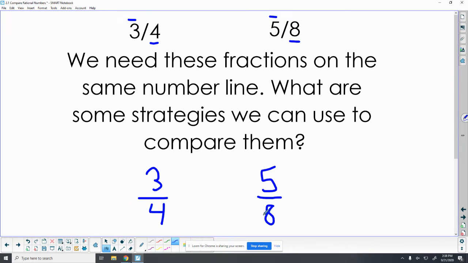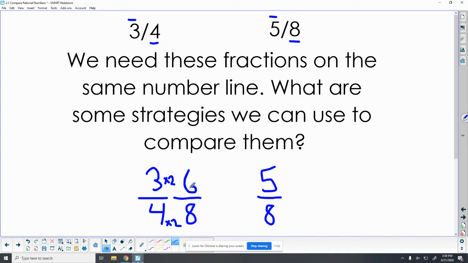So 4, 8. So yes, this one can turn into 8s. So how do we ask ourselves, how did I get from 4 to 8? Well, that's times by 2. Whatever you do to the bottom, you have to do to the top to keep it balanced.